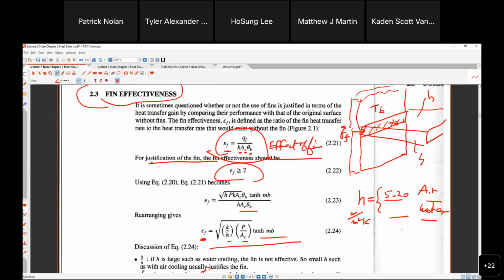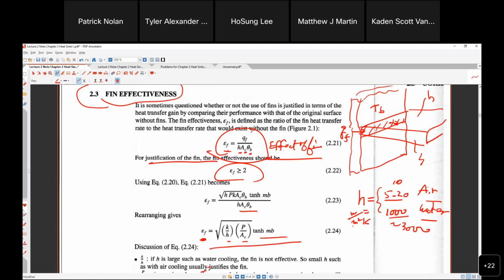I will correct. Is it about 100? 1,000? Yes. 3,000, something like that. So big difference in h. This is order of 10. This is order of thousands.